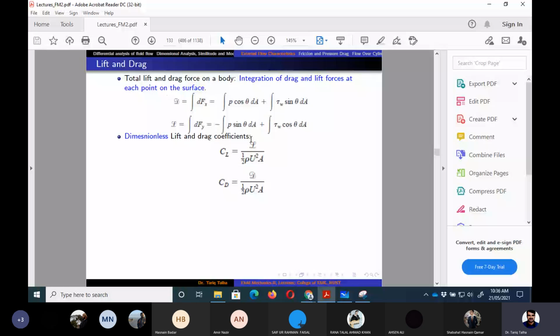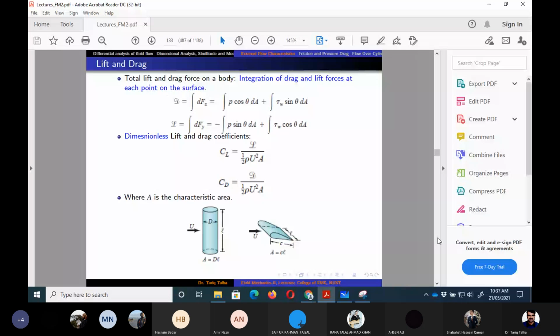Here we have cancelled out the area, because lift force is directly proportional to area, and drag force is also directly proportional to area. So in a way, we are cancelling the effect of area, which means it only depends on the shape or orientation.